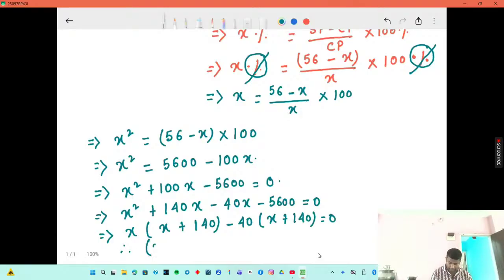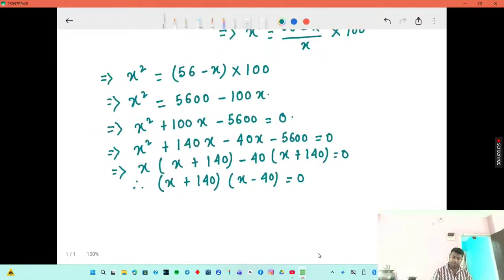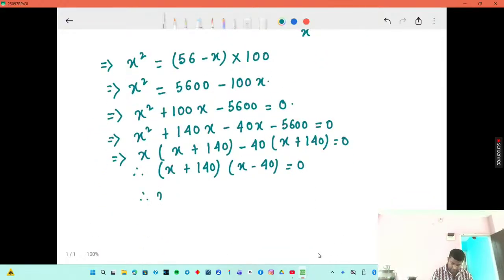Therefore, (x plus 140) and (x minus 40) is equal to 0. Therefore, x is equal to minus 140 and x is equal to 40.